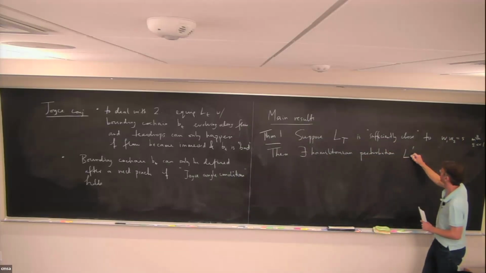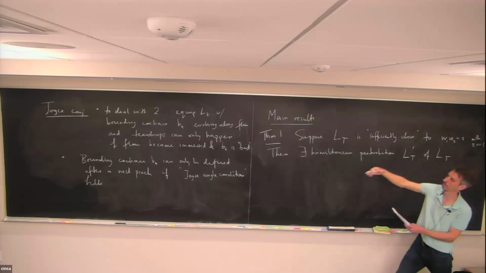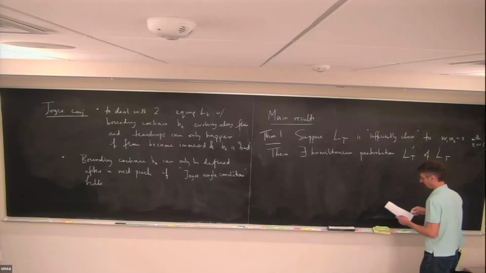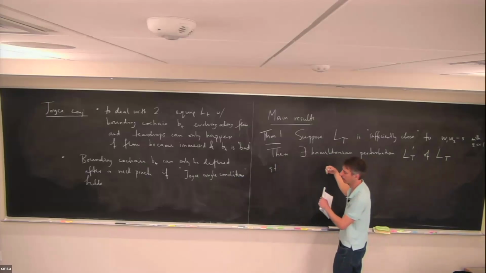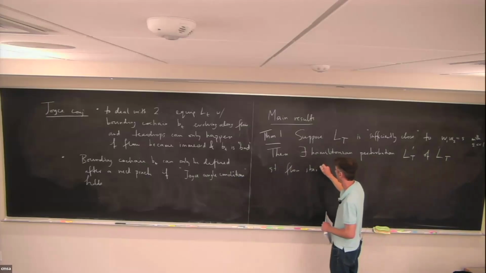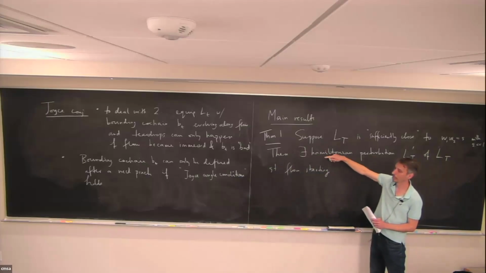Let me call it LT prime of LT, such that this LT prime has a neck pinch, which also satisfies this good condition. Such that if you now start with this new condition, yes, it's small, but it's not arbitrarily small.